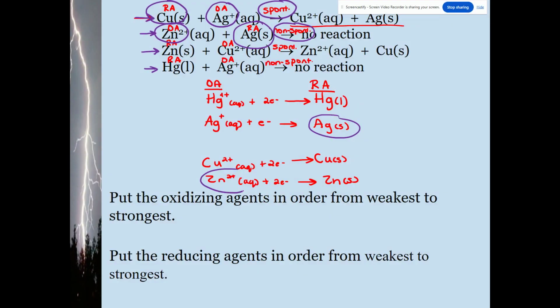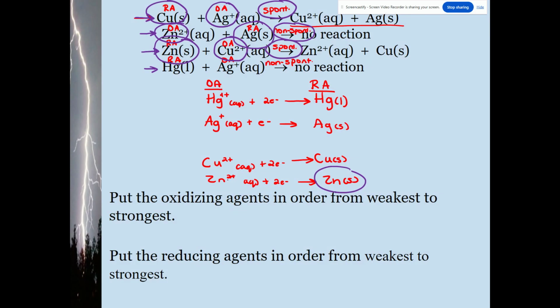So that means my OA of zinc has to be lower based on the non-spontaneity rule. In order to be non-spontaneous, the OA has to be lower than the RA. If we look at the next reaction, the zinc has to be lower than the copper.